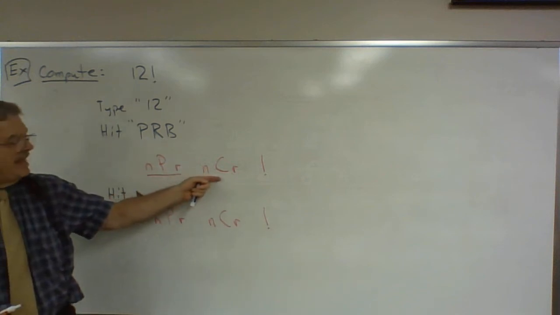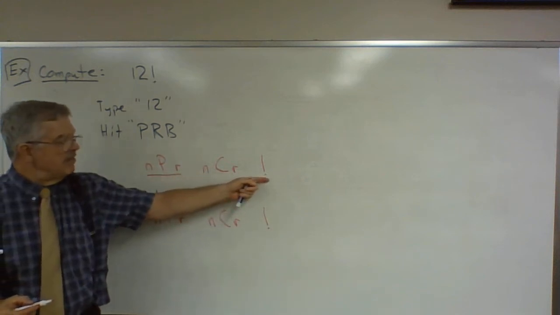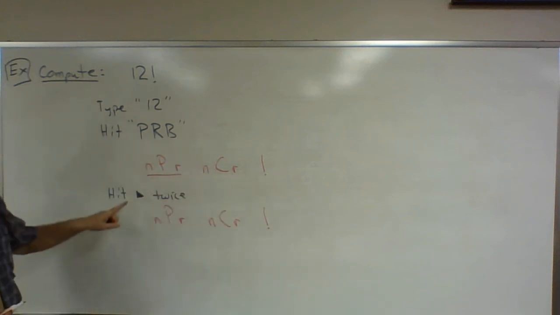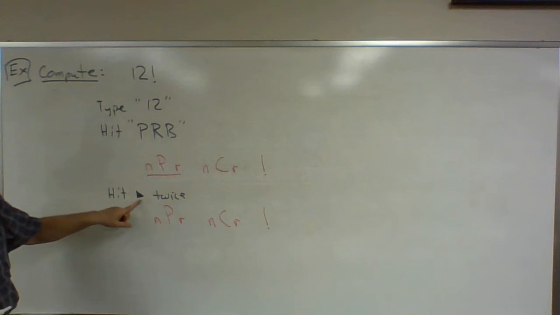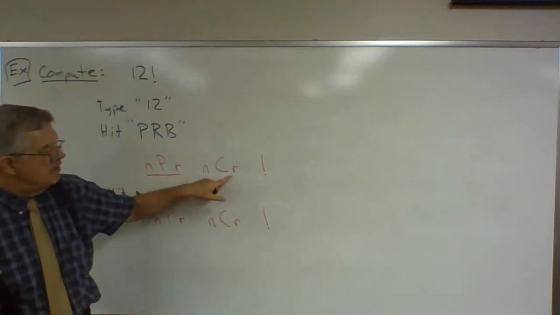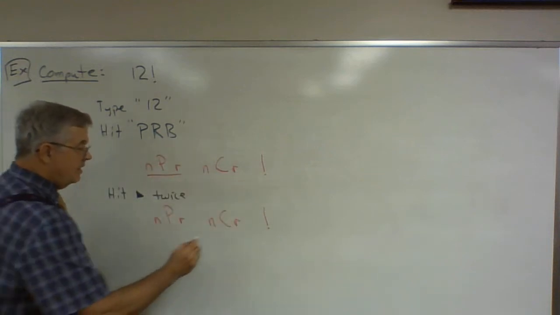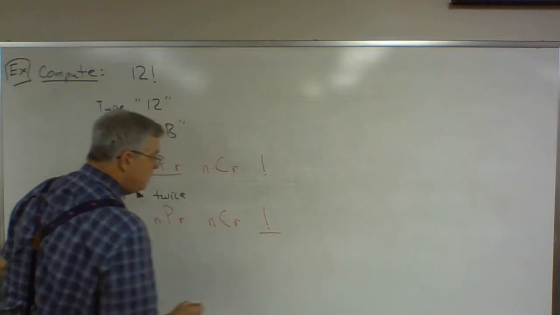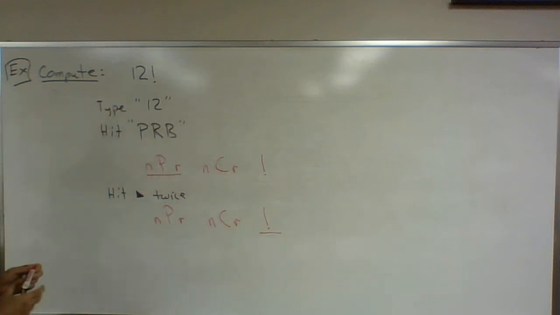We'll also see NCR and the factorial symbol. We hit the right arrow key twice. That moves the underline from here to here to here. So the factorial will be underlined, and that's exactly what we want.